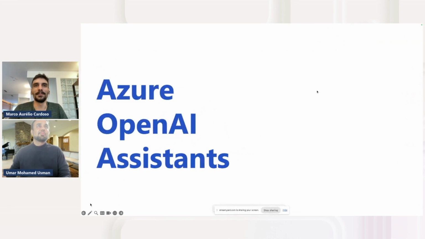So we're now switching over to my screen. I'm going to be covering Assistants for the following reason. We talked a lot about chatting with our data in the context of documents: PDFs, docs, docx, text, JSON, unstructured data in the form of files.